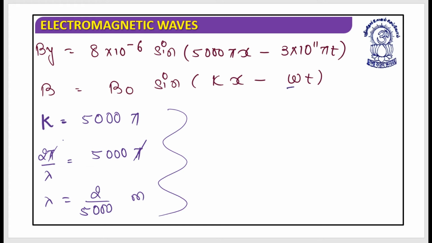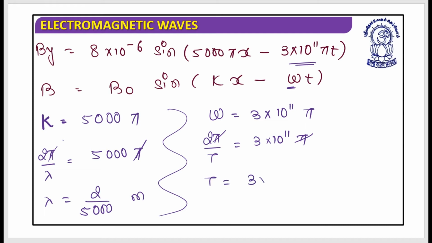Now let's look at this omega, which is equal to 3 into 10 to the power 11 pi, and that could be written as 2 pi by t. So this pi and this pi have gone, and this t is equal to 2 divided by 3 into 10 to the power 11 seconds; sorry, I made a mistake.